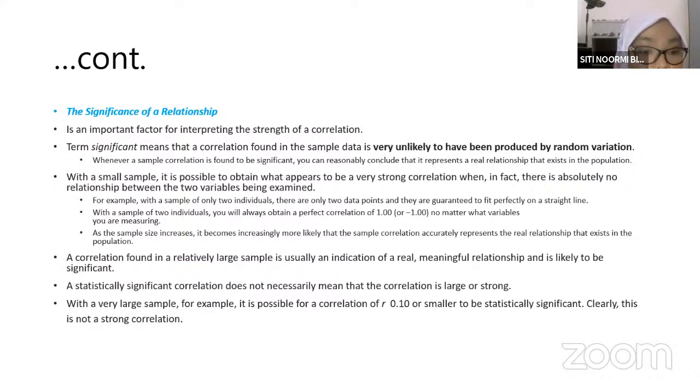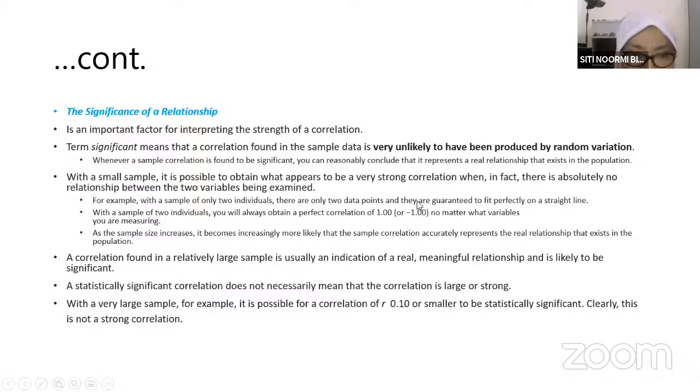With a small sample, it is possible to obtain what appears to be a very strong correlation. For example, in a sample that includes only 2 individuals, you can guarantee they fit perfectly on a straight line.